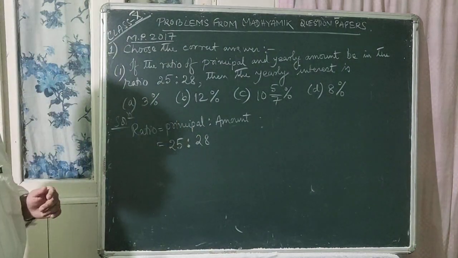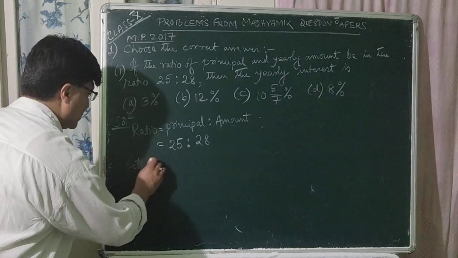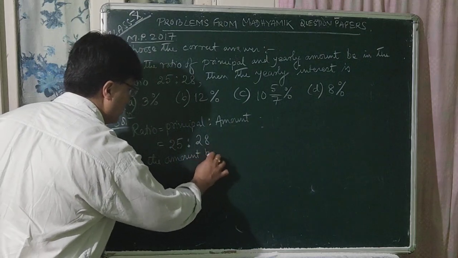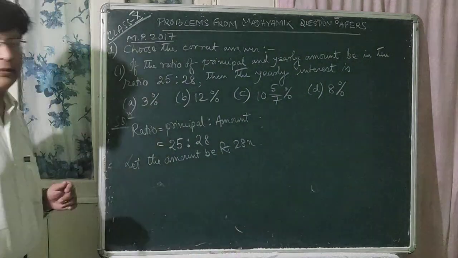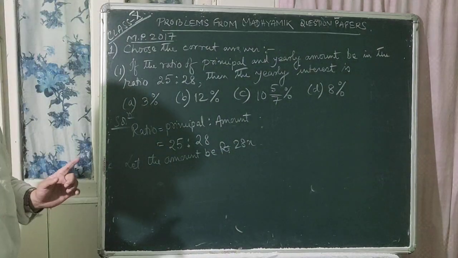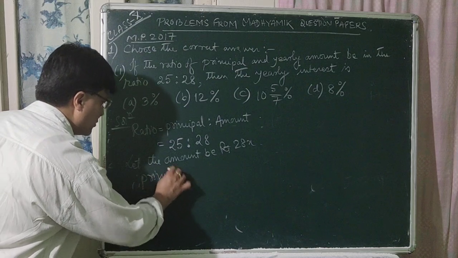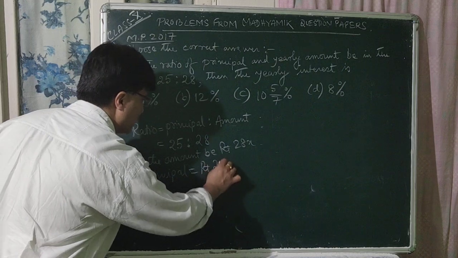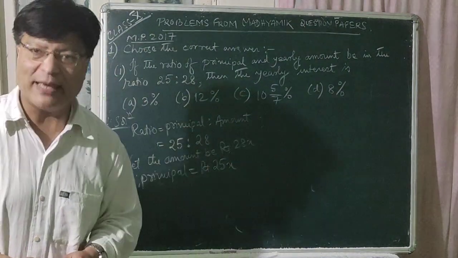So let us assume the amount as well as the principal. Let the amount be rupees 28x. So what is the principal now? So according to this ratio, principal is equal to rupees 25x.